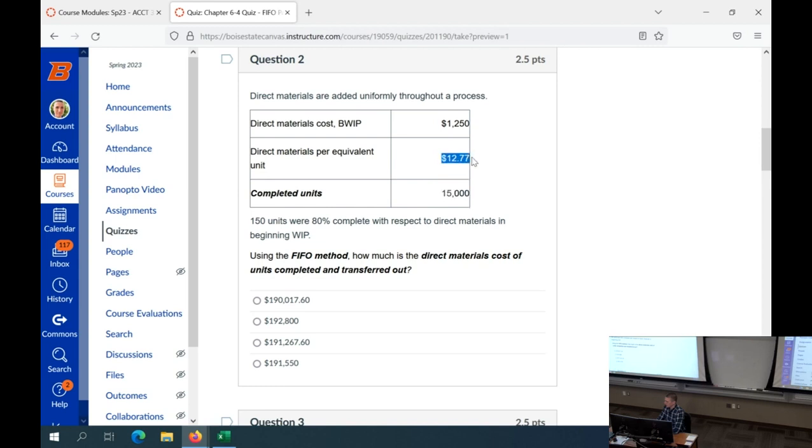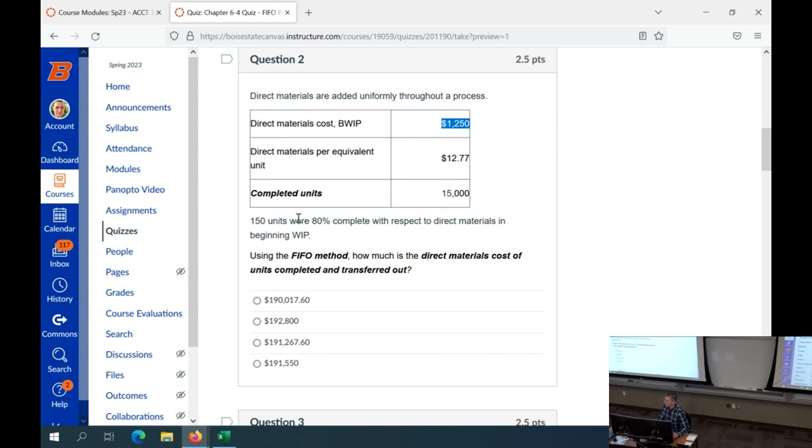Now, the temptation will be to just take the rate times the completed units, just like you would in weighted average, and stop there. That would literally be all we would do if this said using the weighted average method. But with the FIFO method, at the very beginning of the process, we kept this number out of the numerator when we developed this rate of $12.77 of direct materials cost per equivalent unit.